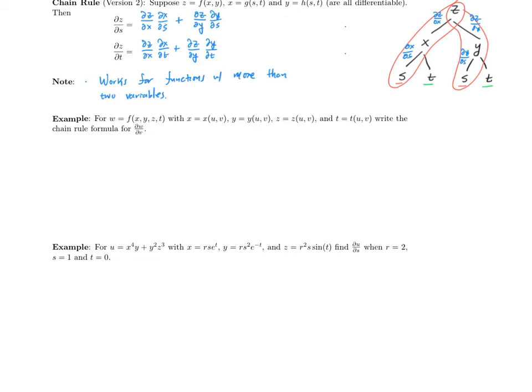The first thing I'm going to do is try to encode all this information into a tree diagram, make it look hopefully as simple as possible. We have w, which depends upon four variables, x, y, z, and t. Each of those four variables, in turn, depend upon two other variables, u and v.